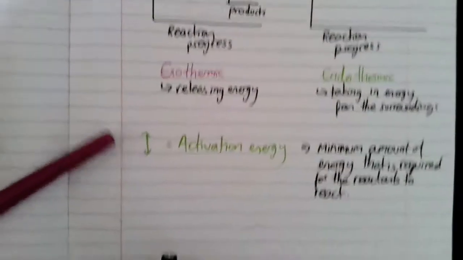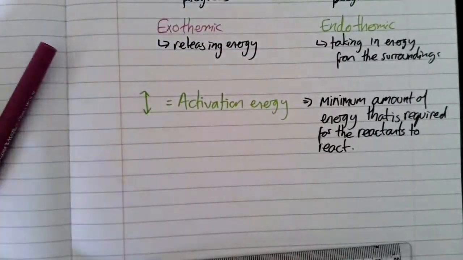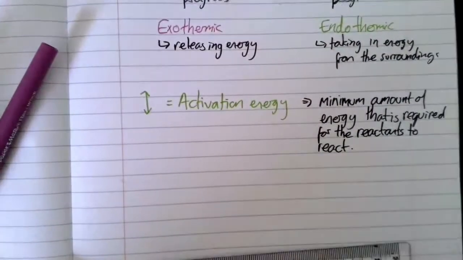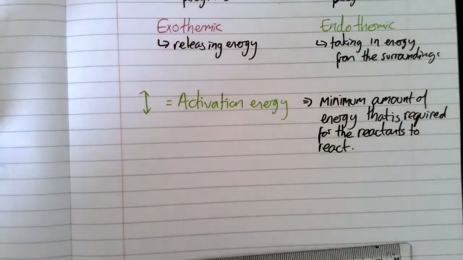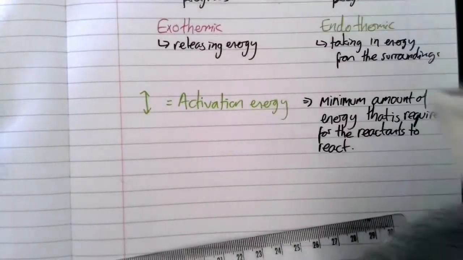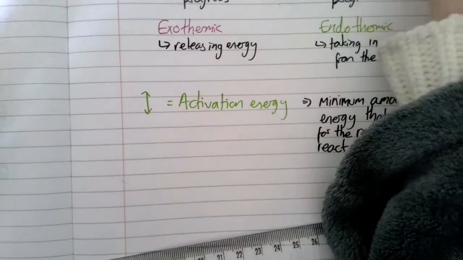The other arrow that you sometimes see on these is the difference between your products and your reactants. So here and here.